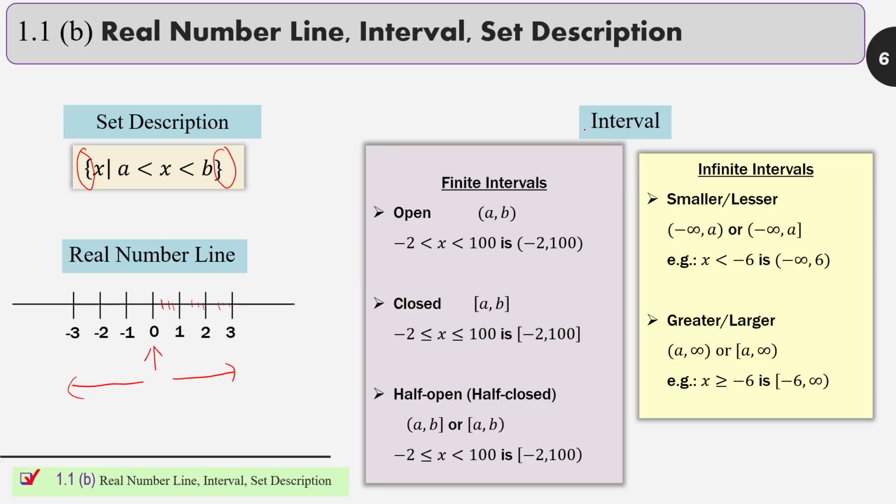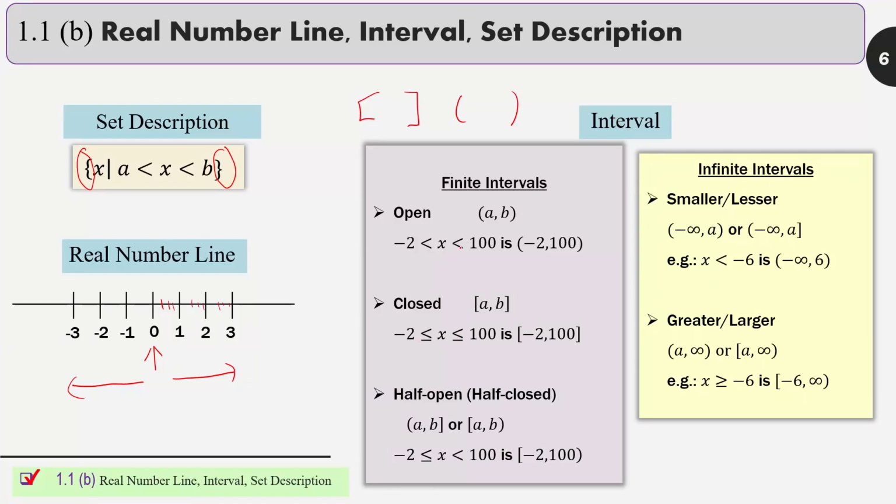Okay, and the third way to represent is called interval. Interval means we are using brackets. Over here we have two types of bracket. One is a round bracket, another one is a square bracket. A round bracket means that it's not inclusive. If it is a closed bracket, it is called inclusive.